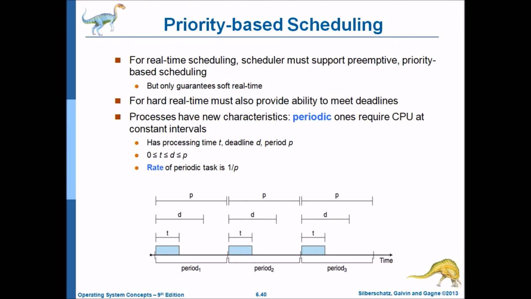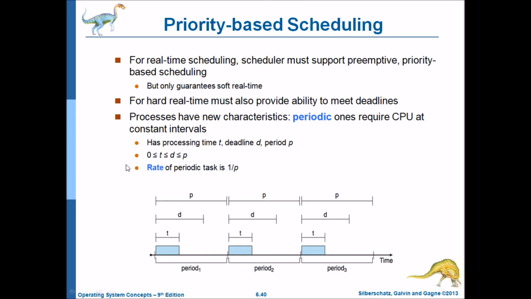The relation of the processing time, the deadline, and the period can be expressed by this formula: P is greater than or equal to D, which is greater than or equal to T, which is greater than or equal to 0.